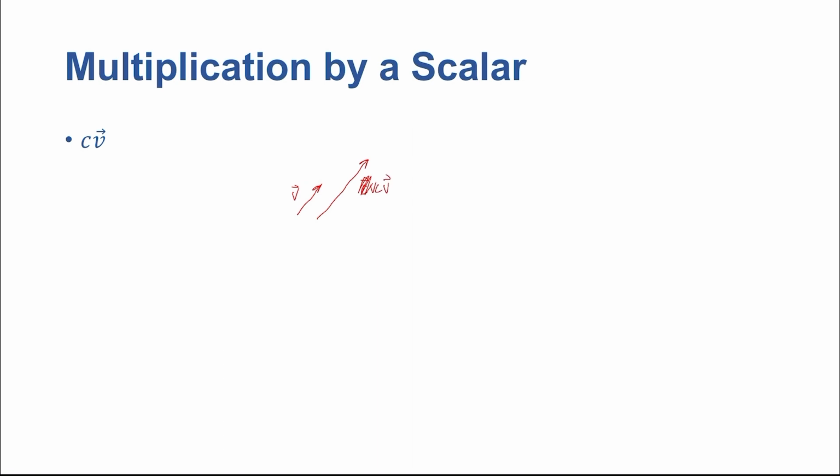And then if c is smaller than 1, then we're going to get a short vector. And then if c is negative, then we get a negative vector. So that's c times v with c less than 0. Okay, so that's how we do scalar multiplication. It's fairly easy. So now scalar multiplication and addition we understand geometrically. Those are the really two important ones that we need to understand geometrically.